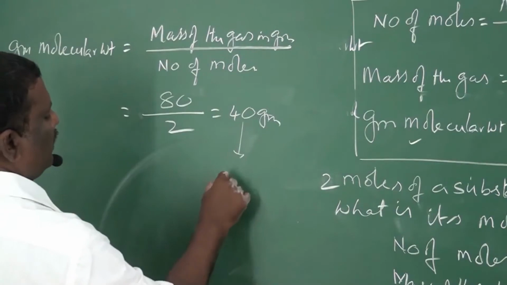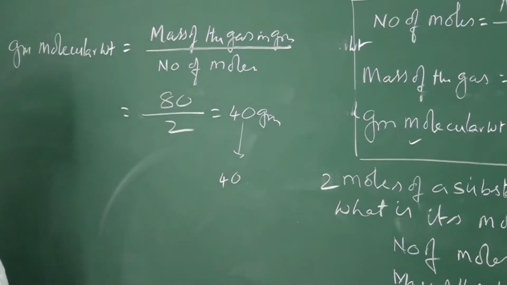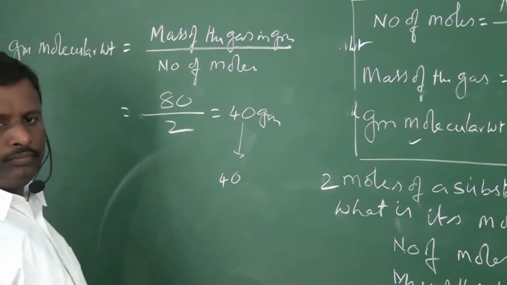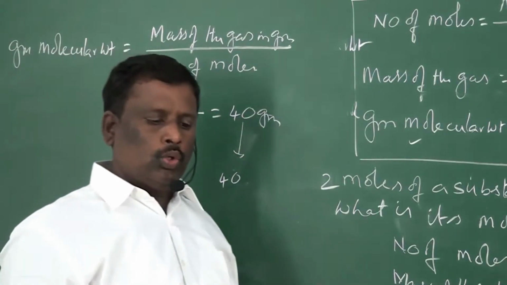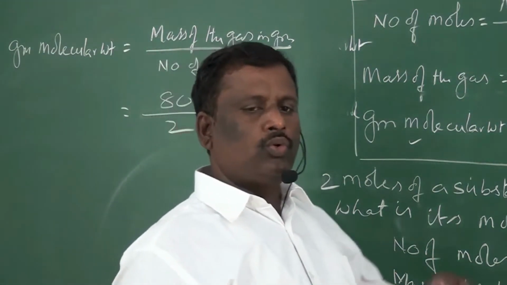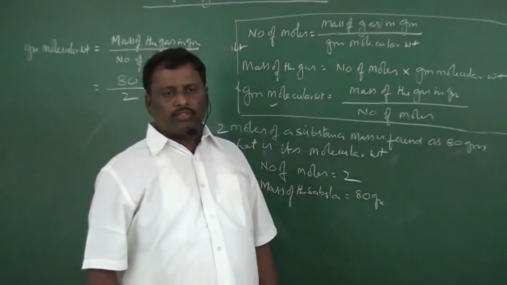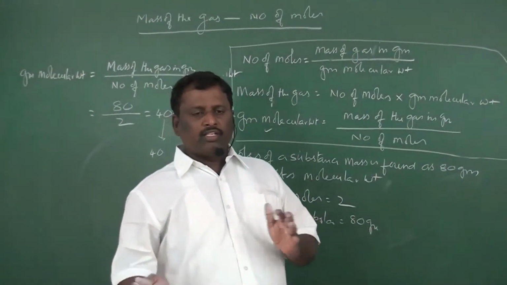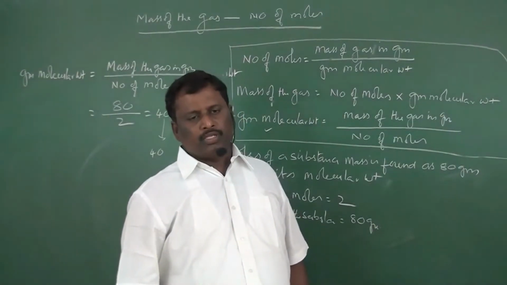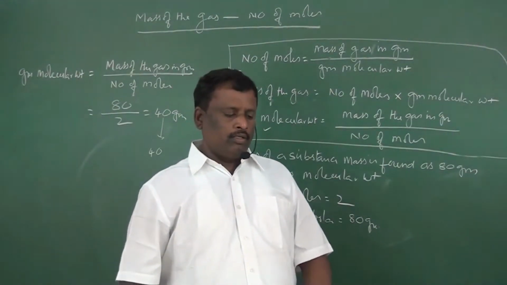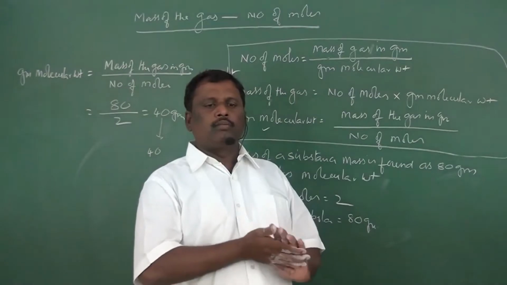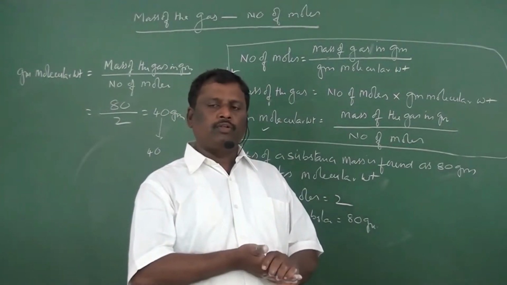Automatically its molecular weight is 40. So, this is the way to solve the problems by using the relation between the mass of the substance, its molecular weight and number of moles.